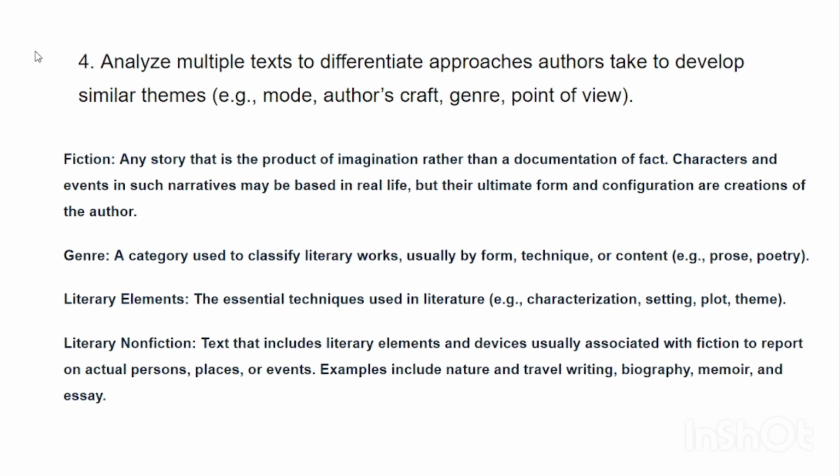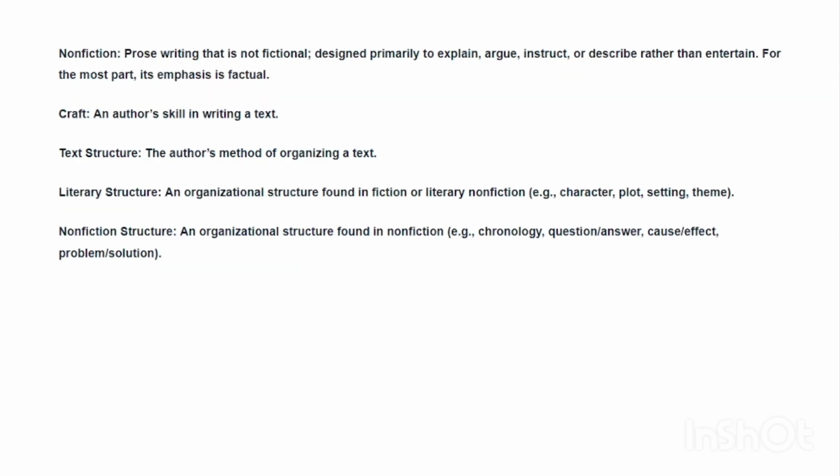Fiction is any story that is the product of imagination rather than the documentation of fact. A genre is a category used to classify literary works, usually by form, technique, or content, such as poetry. Literary elements are the essential techniques used in literature, like characterization, setting, plot, and theme. You have literary nonfiction, which is text that includes literary elements usually associated with fiction to report on actual persons, places, or events.